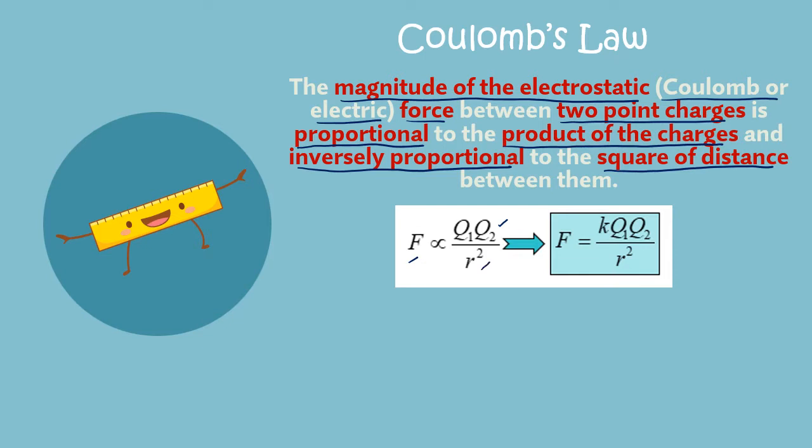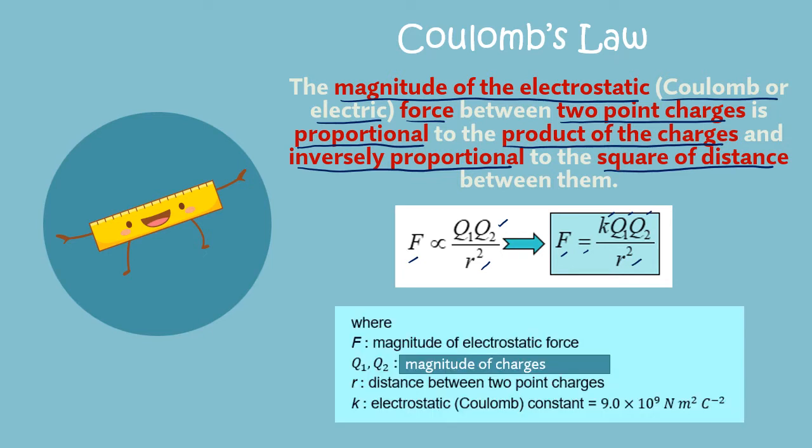Or we can write the equation F equals K Q1 times Q2 over R squared, where F is the magnitude of the electrostatic force, Q1 and Q2 are the magnitudes of the charges, R is the distance between the 2 point charges, and K is the electrostatic or Coulomb constant, 9 times 10 to the power of 9 newton meter squared per coulomb squared.